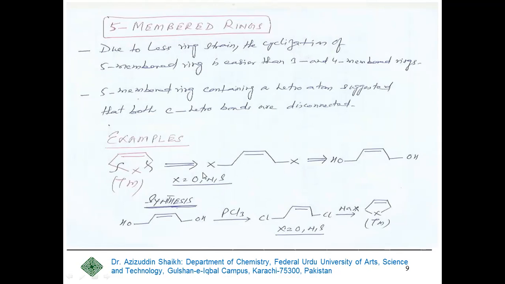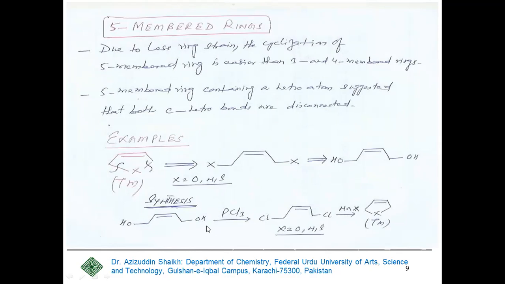We will obtain this, where X means oxygen, nitrogen, or sulfur, and by FGI they will be OH. Synthesis: the dihydroxyl compound reacts with phosphorus trichloride.